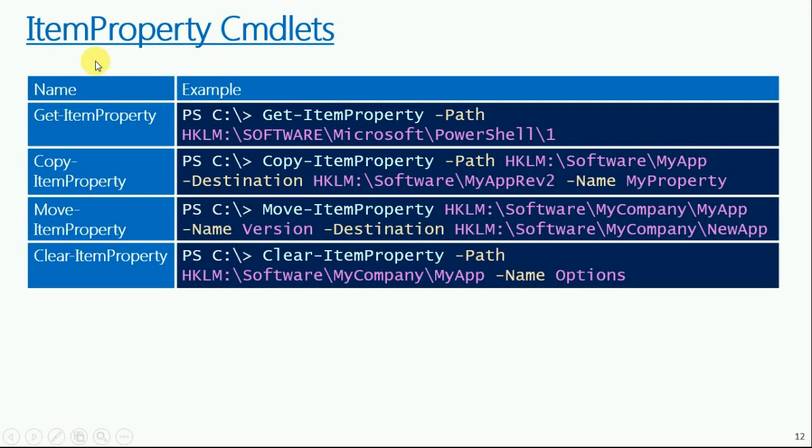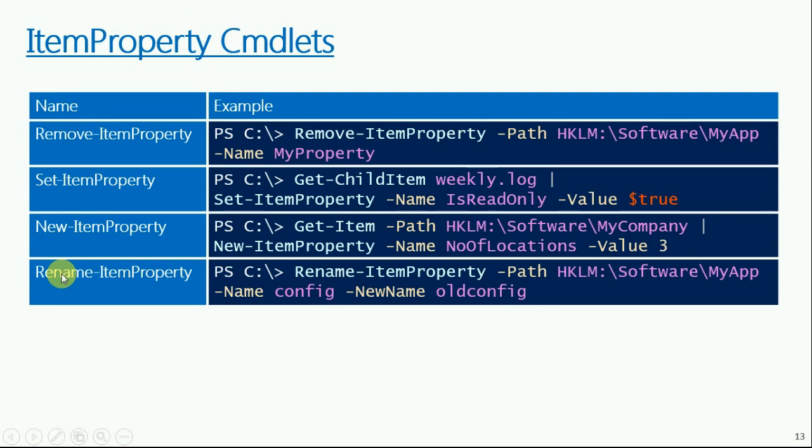Likewise, for item property we have Get-ItemProperty, Copy-ItemProperty, Move-ItemProperty, Clear-ItemProperty, Remove-ItemProperty, Set-ItemProperty, New-ItemProperty, and Rename-ItemProperty.